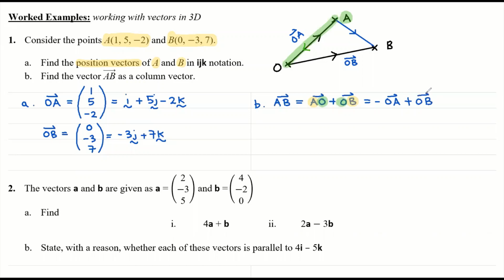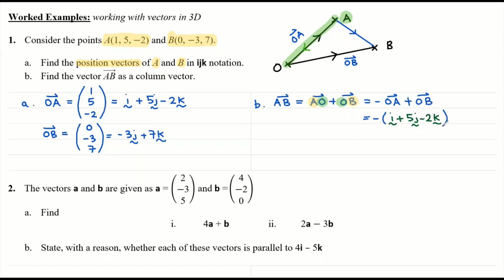All right. Now, if I do that, let's just plug the numbers in. So this is going to be minus, and we'll put the vector OA in. So it's going to be i plus 5j minus 2k. You can use column vector notation for this as well if you want.